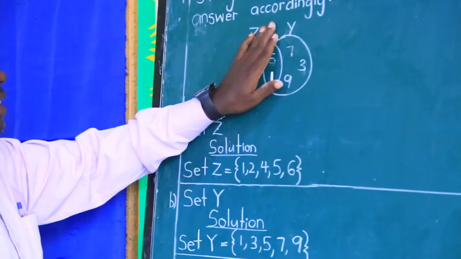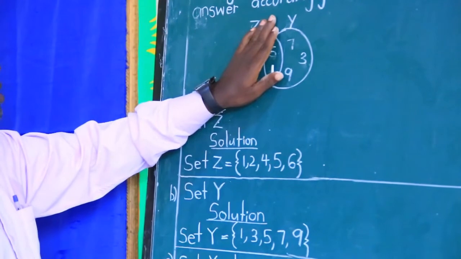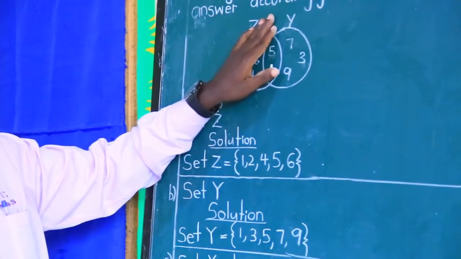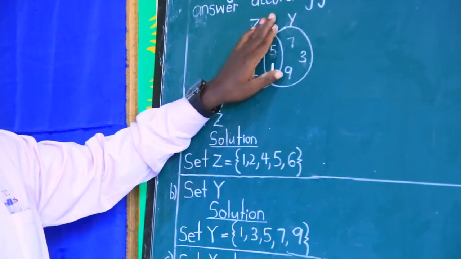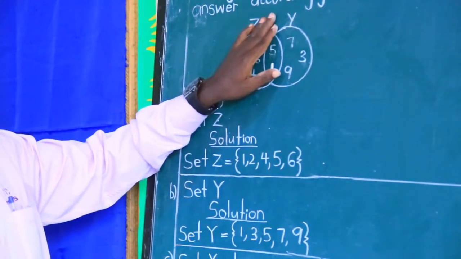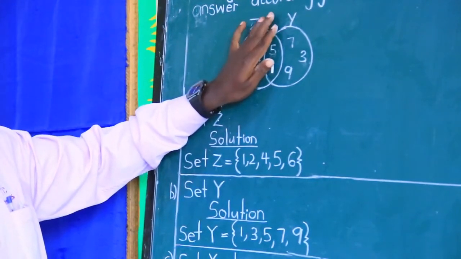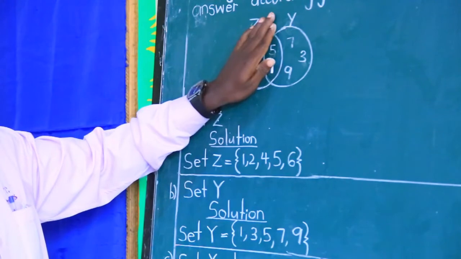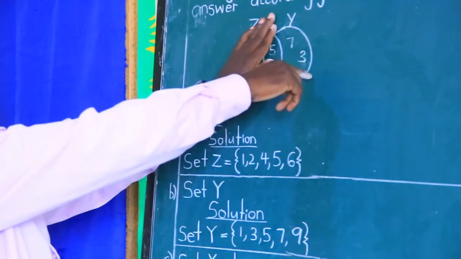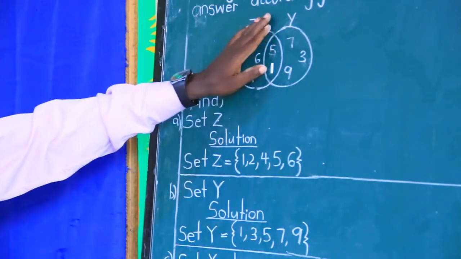One can also say members of Z complement, members outside set Z. Remember, in the previous lesson we said complement of a set means members that are outside a given set. Now when I say Z complement, I mean members outside Z, meaning I will hide all members of set Z like I've done, then the complement of set Z contains 3, 7, 9 as members.